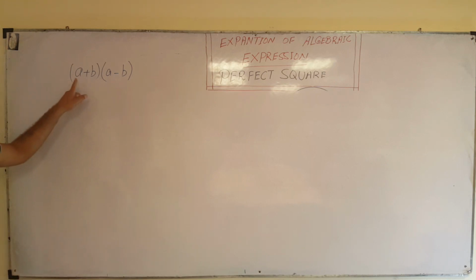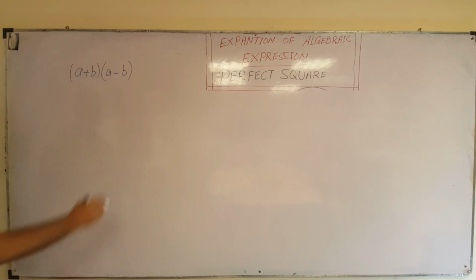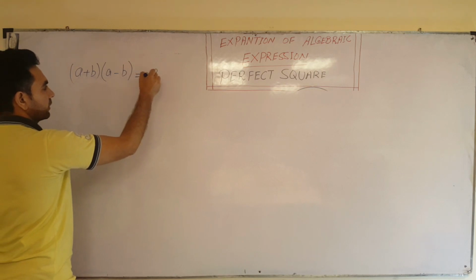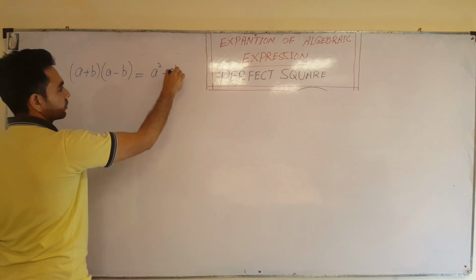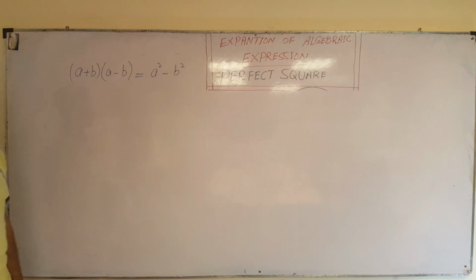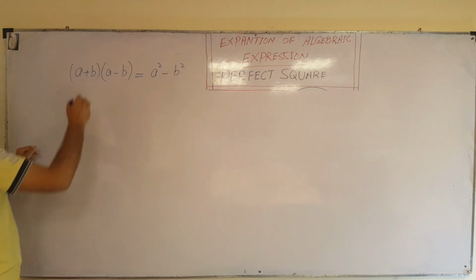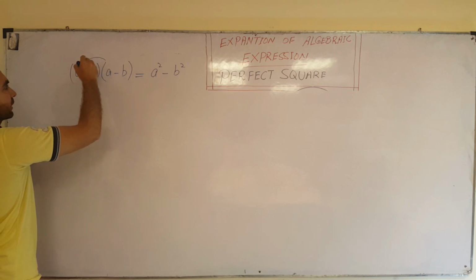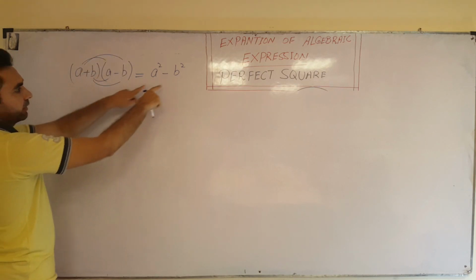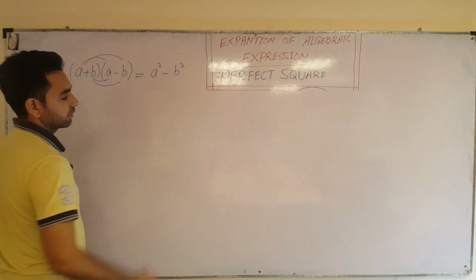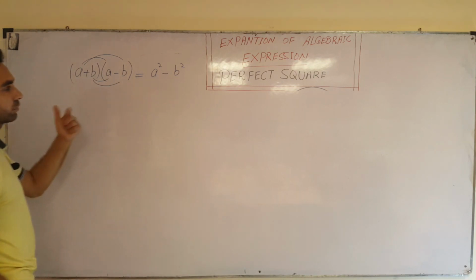So if we have the same first and last number, but there is a negative sign between them, then that is giving us the square of the first one minus the square of the second one. And again, you can apply the rule of multiplying this and this and find out that this would be equal to a square minus b square, the difference of the two squares.